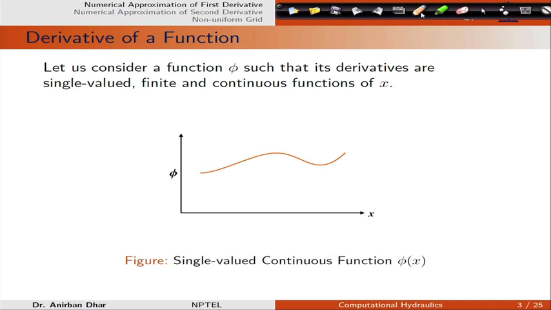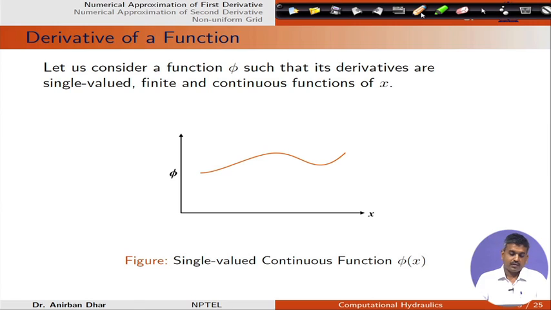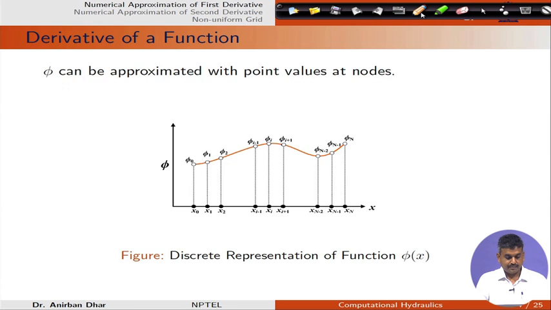So, let us consider the derivative of a function, where phi is a single valued, finite and continuous function of x. This is a one dimensional function, and its derivatives and the function are both continuous. Phi can be approximated with point values at nodes.